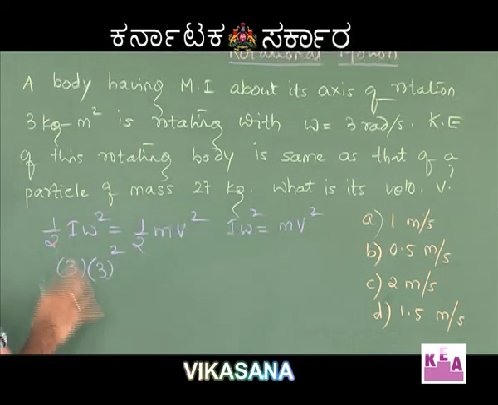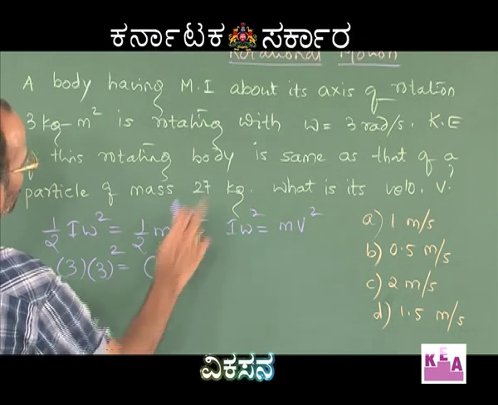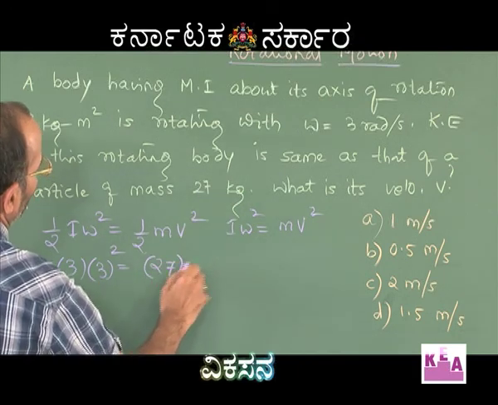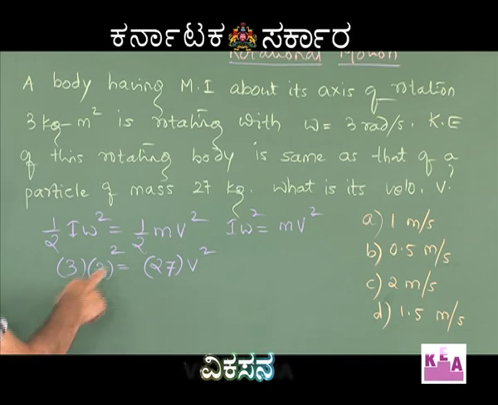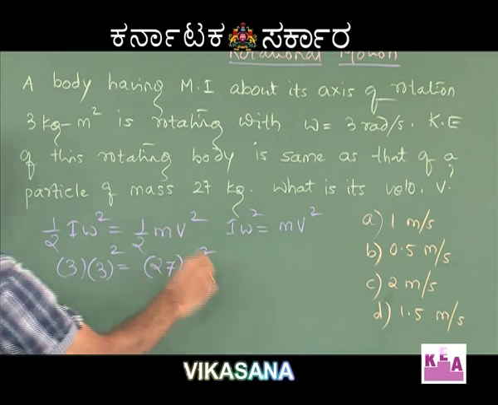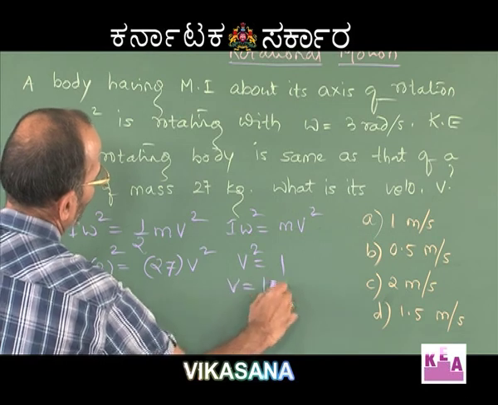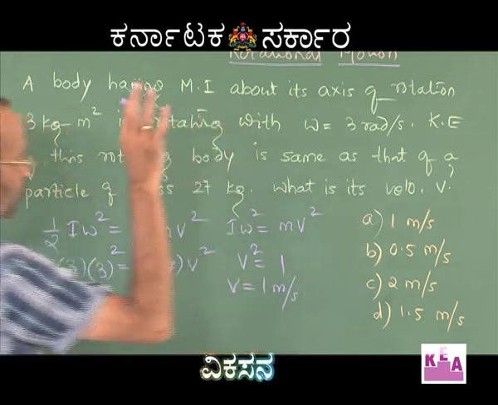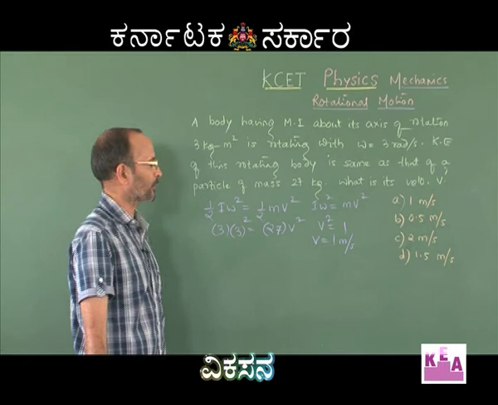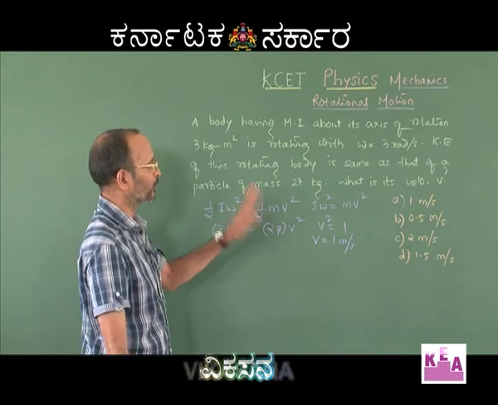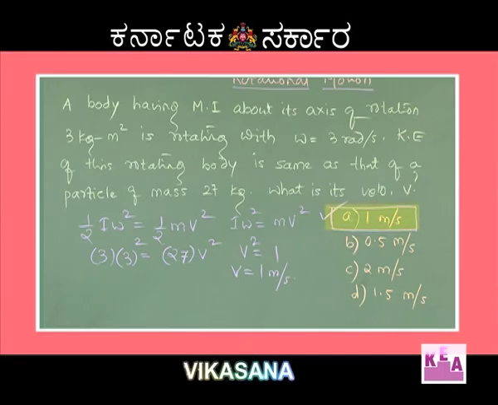So, that makes it 3 into 3 square is mass is given to be 27 and v square we do not know. So, now this 27 and this 27 will get cancelled and you get v square equal to 1 or v equal to 1 meter per second. So, the velocity with which that particle of mass 27 kg should be moving is 1 meter per second, and that makes the first option as the right option.